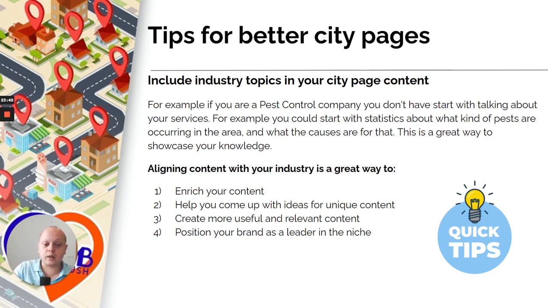This last part might be very important because there might be a lot of different pest control companies in your city. But one way to stand out is to have a location page, maybe for each neighborhood or part of the city, where you really showcase that you know what's going on there and that you're on top of it. This can set you apart from your competition.